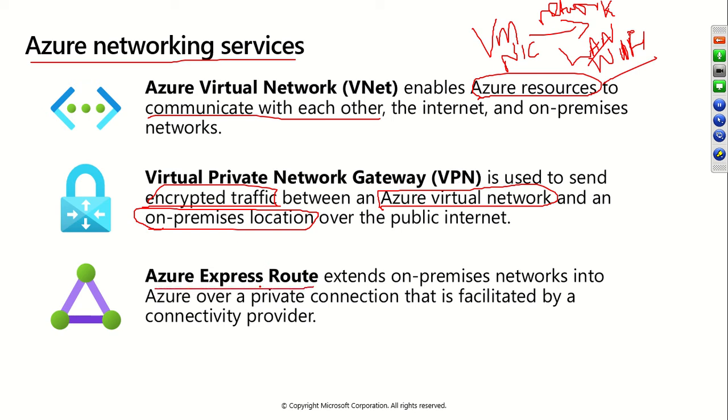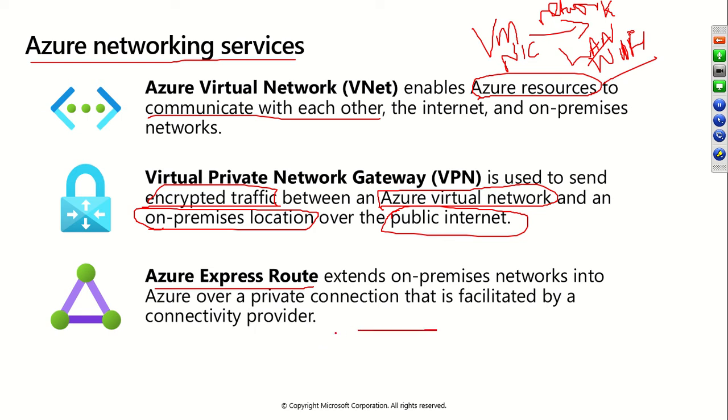The difference between ExpressRoute and virtual private network is that with a virtual private network, you need to use the public internet. The only thing is that there will be encryption, but you need to go through the public internet. Whereas when you use Azure ExpressRoute, you are not going through the internet.